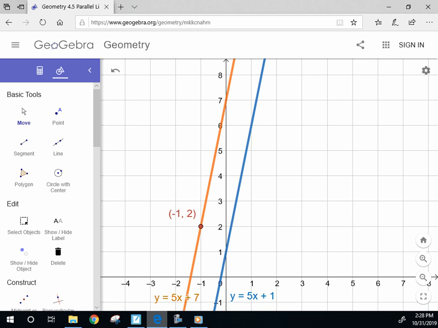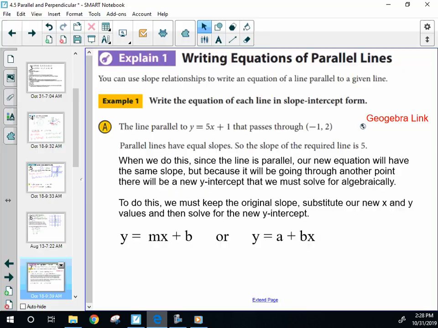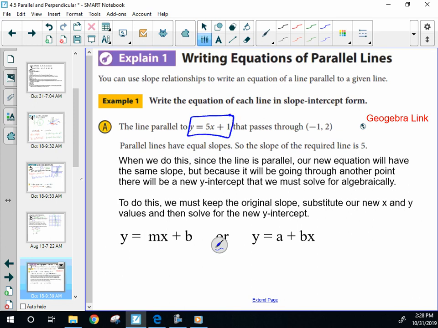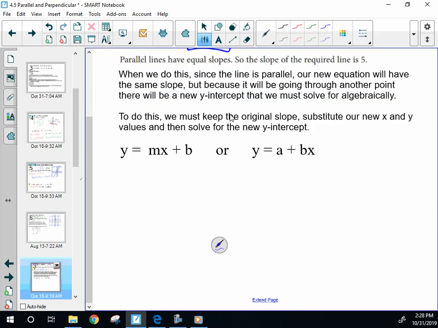What we're going to look at is how I can get that answer algebraically. We've got it graphically using the computer software. Well, what do we know? If we go back to our slides, parallel lines have the same slope. My original line has a slope of 5, which means my new line will have a slope of 5.